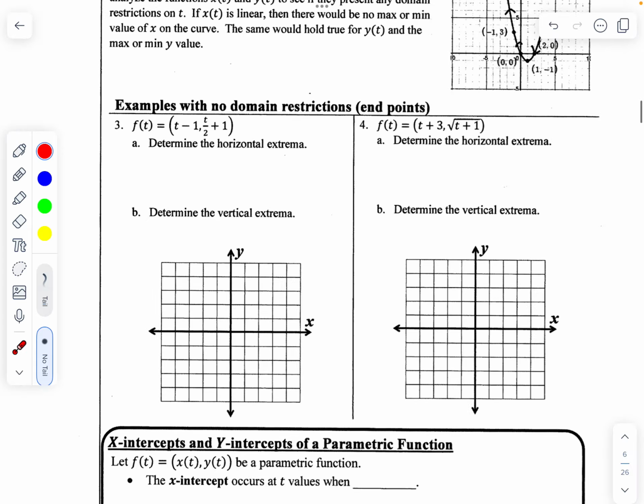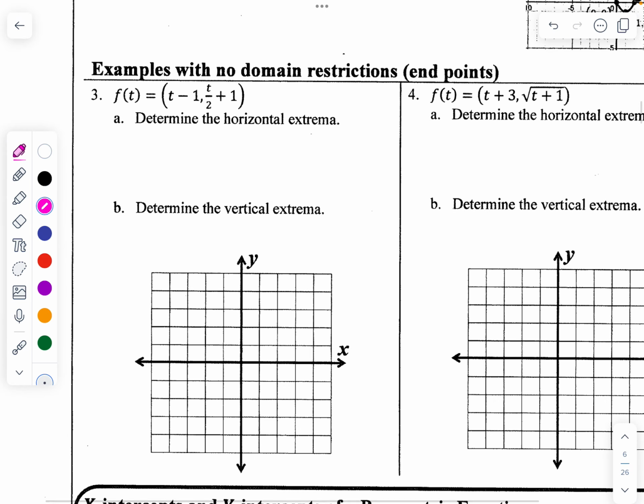All right, let's look at some examples with no domain restrictions or endpoints, okay? So when I'm looking at this, I have to remember, how do I determine if it has a horizontal extrema or not? If I look at x of t, that's t minus 1. If I were to sketch that, it's linear and it goes on forever.